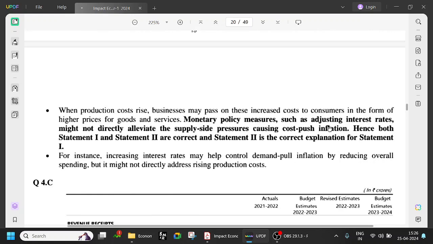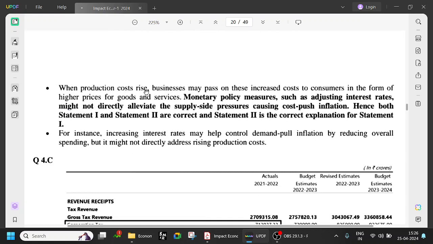Next, when production costs rise, businesses may pass on this cost to customers. Previously, for example, if the raw material iron ore is say 100 rupees, then the finished product steel will be say 200 rupees. If the raw material becomes 150, then the final product will become 250. So businesses usually pass on the increased cost to customers in the form of higher prices for goods and services.